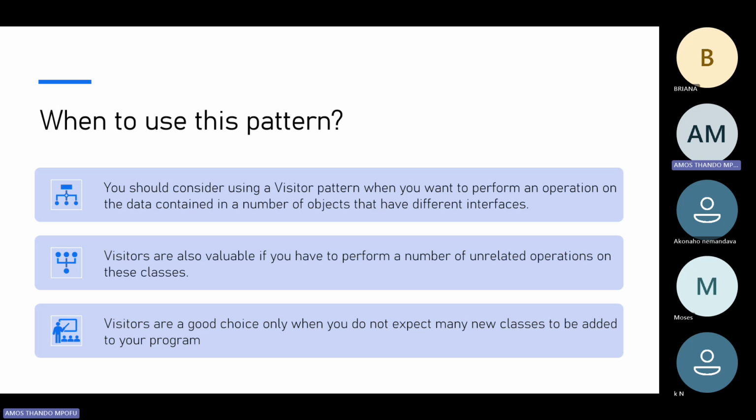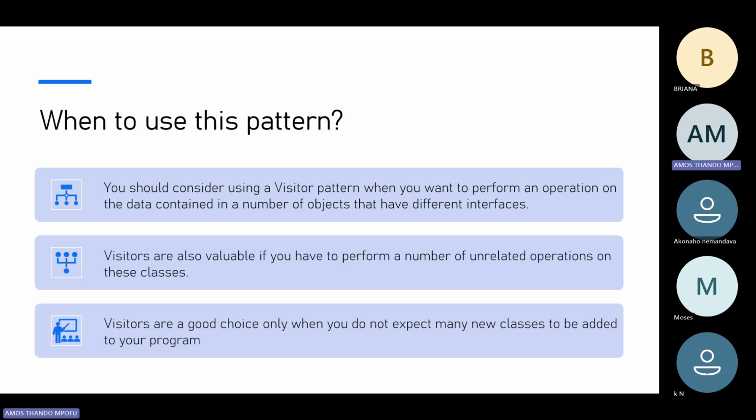And then when should you use this pattern? You should consider using a visitor pattern when you want to perform an operation on the data contained in a number of objects that have different interfaces. Like I said, you have multiple objects that have different interfaces. If they have, that's the number one thing you should look at. Remember, you realize an interface.